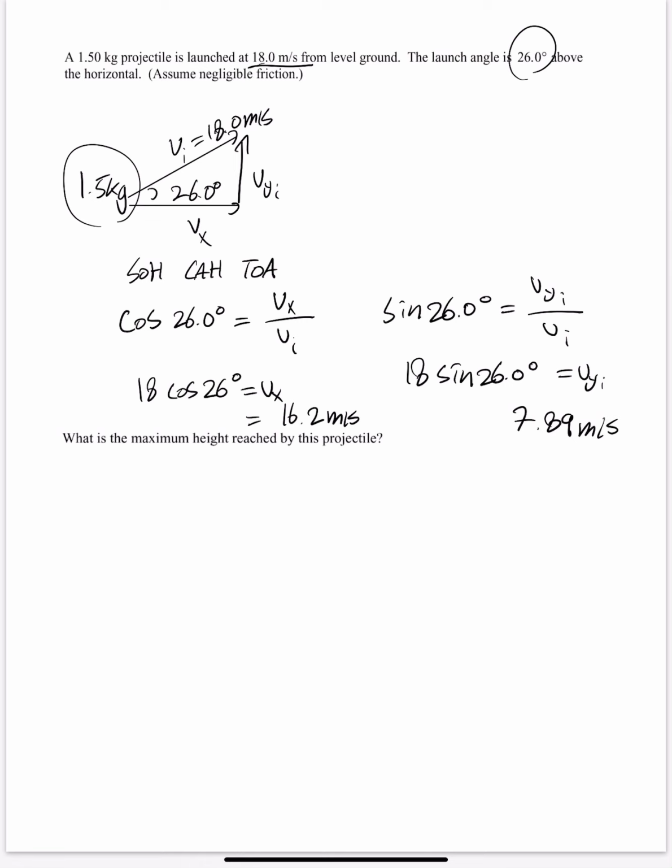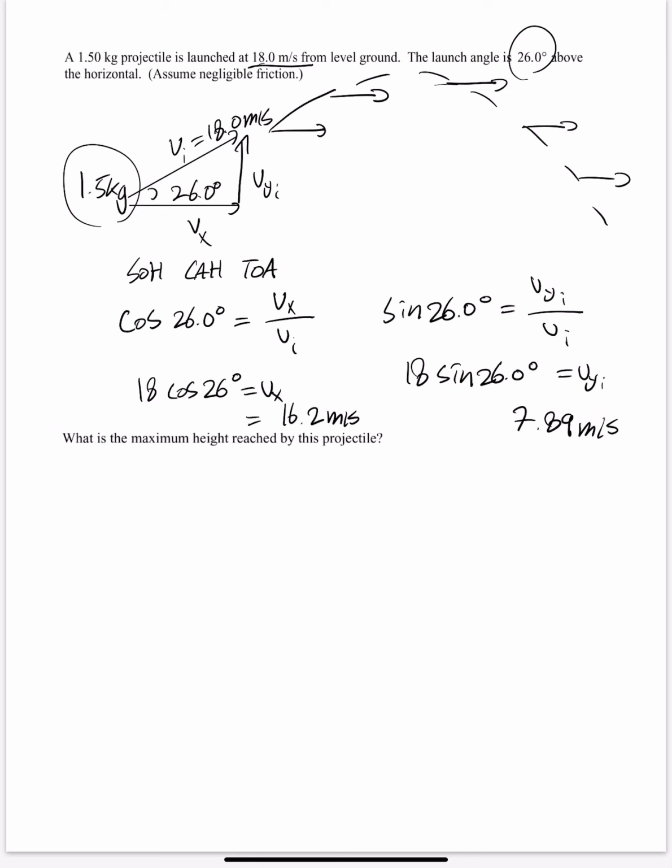It said, what is the maximum height reached by the projectile? So if we think about it, the projectile is going to fly like this. But there is going to be Vx, right?